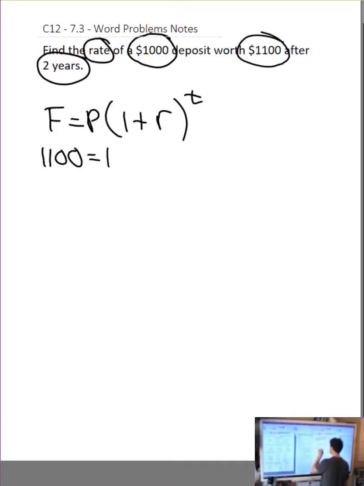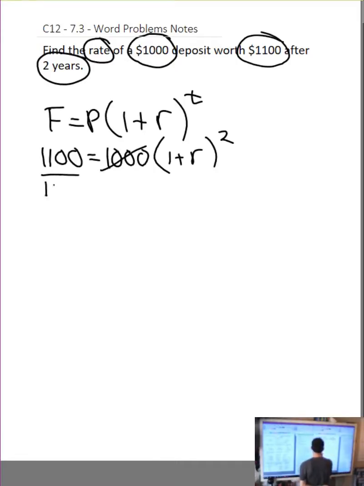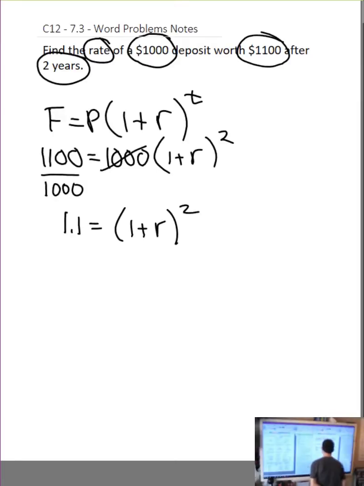The present value was what we started as, 1,000. Now we're looking for the rate, so 1 plus r to the exponent t. Now t is 2. So I am going to divide both sides by 1,000. So 1.1 is equal to 1 plus r squared.